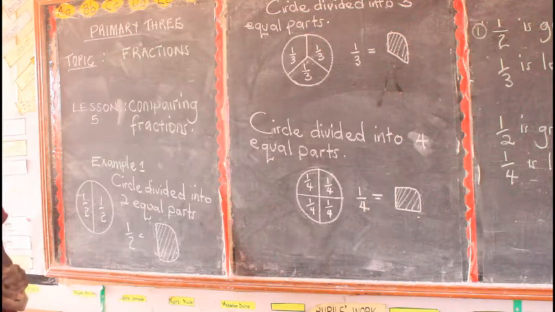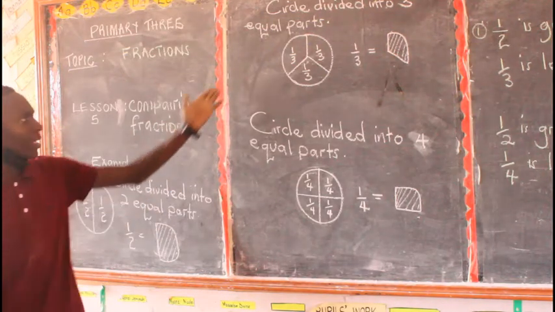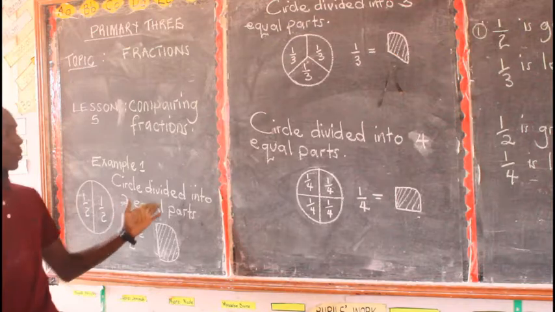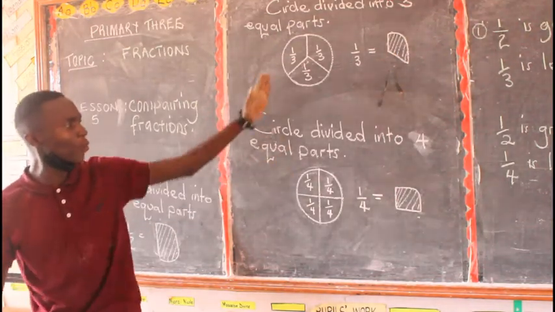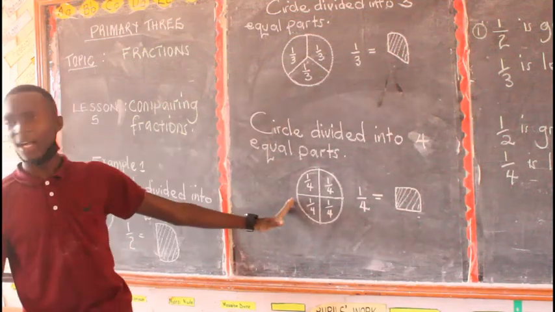This one is greater than this one, and this one is also greater than this one. How are we going to compare these two, a third and a quarter?